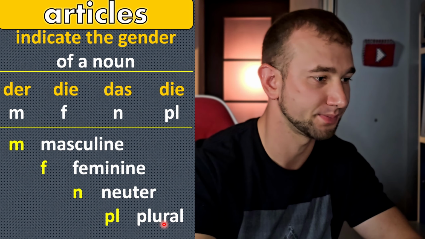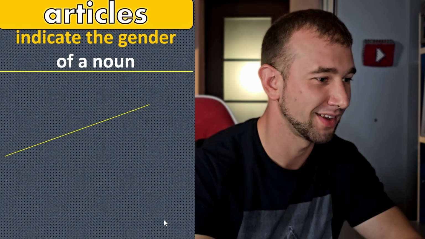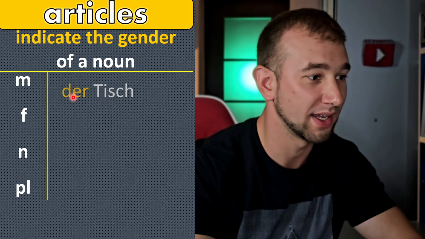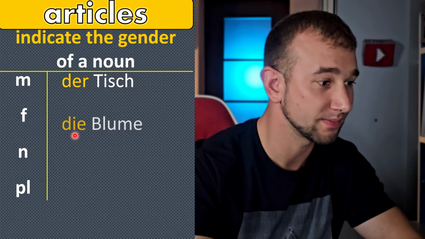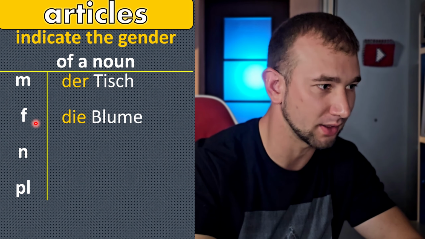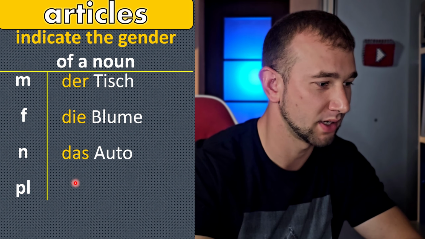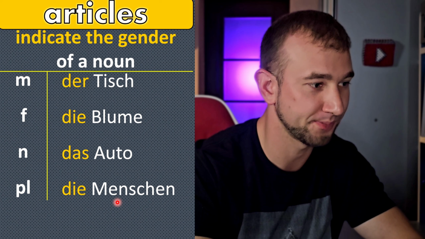For example, don't forget to make notes. Der Tisch is masculine. Die Blume, feminine. Das Auto, neuter gender. And die Menschen, plural form.